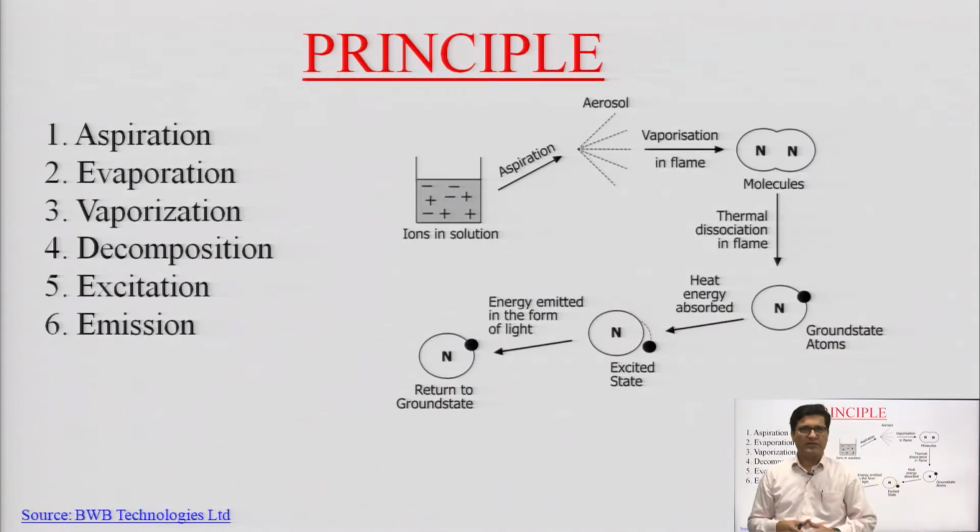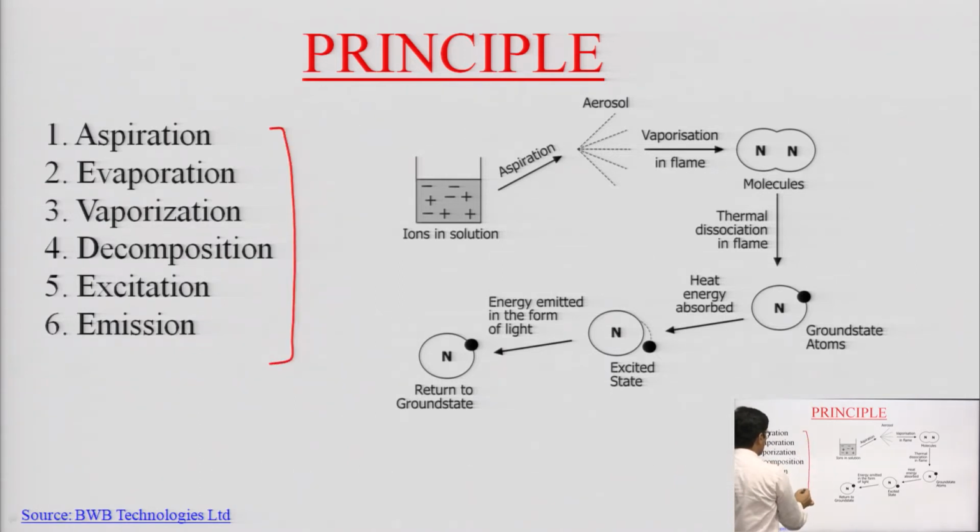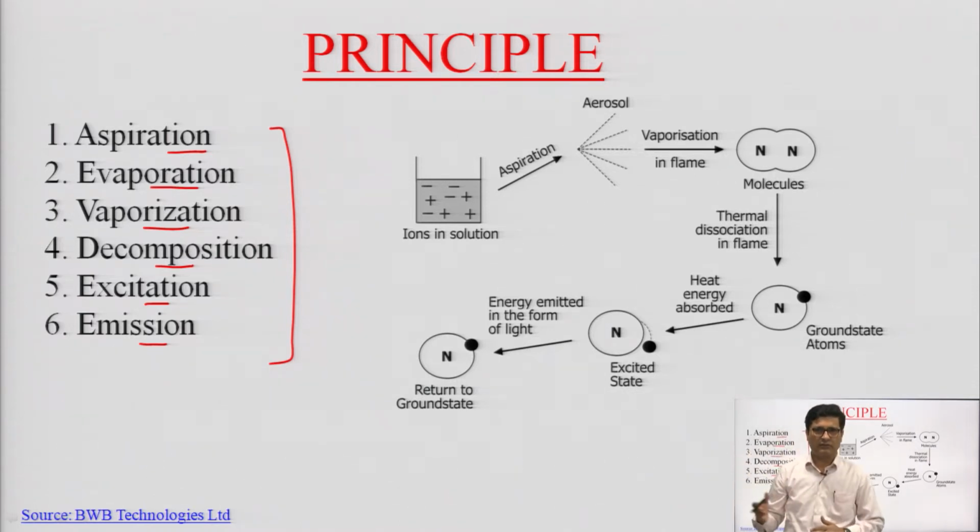Here is the basic principle of flame photometry, and on one side we have listed the processes taking place: first aspiration, then evaporation, vaporization, decomposition, excitation, and finally emission. It involves a series of 6 different steps.